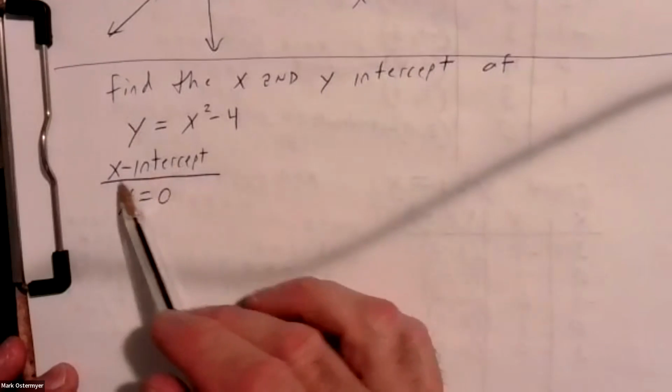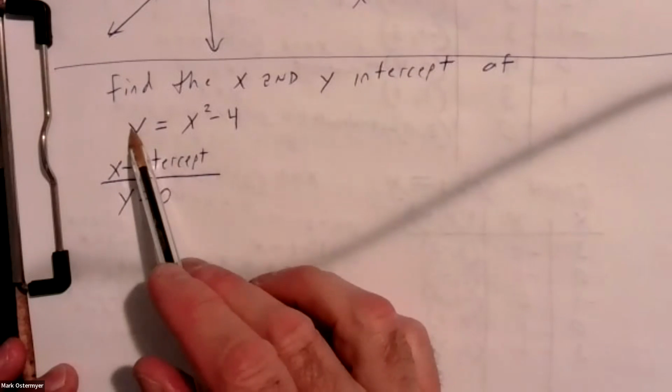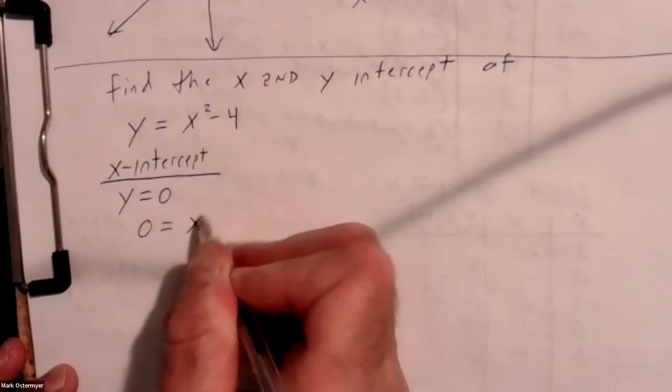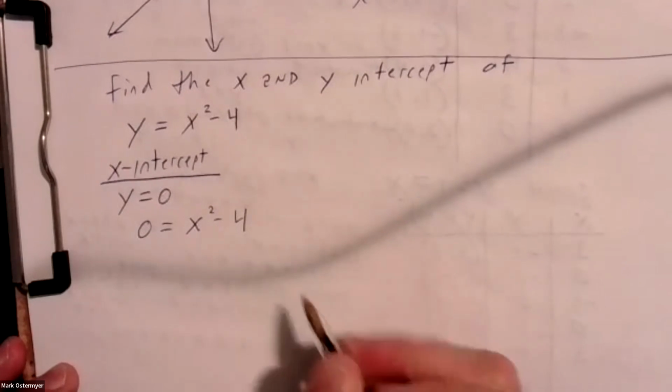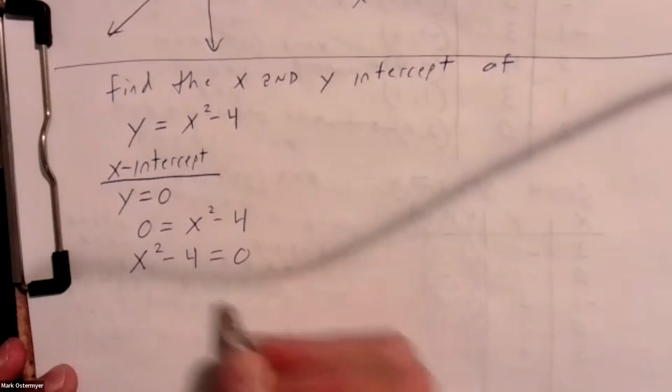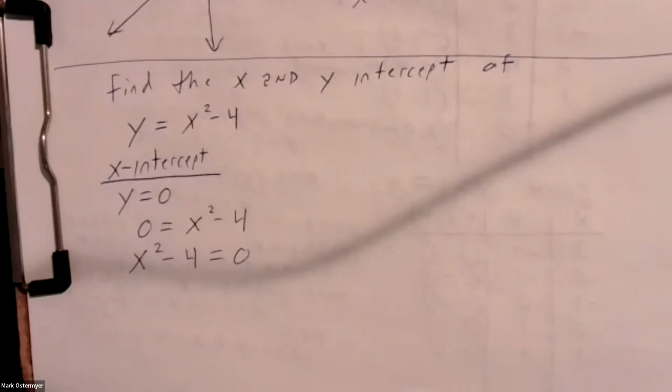All right, so to find the x-intercept, we let y be 0, replace y in the equation with 0, and now we're having to solve a quadratic equation. So how do we solve this quadratic equation for x? We've seen many ways to solve these equations. We've seen the factoring method, the square root method, the completing the square method, and also the quadratic formula method.